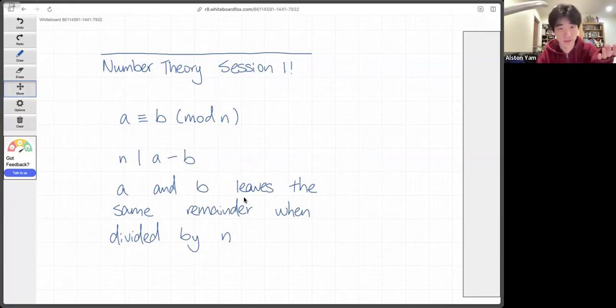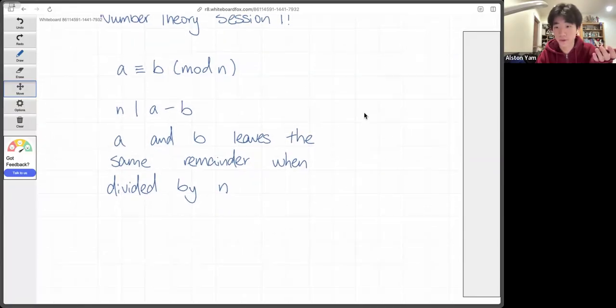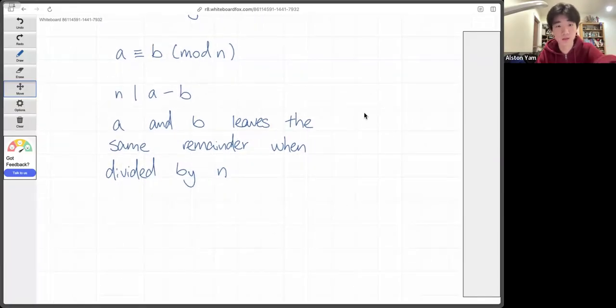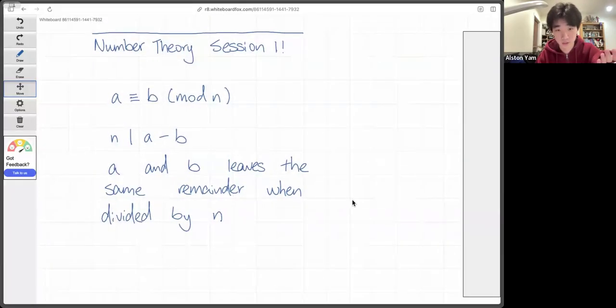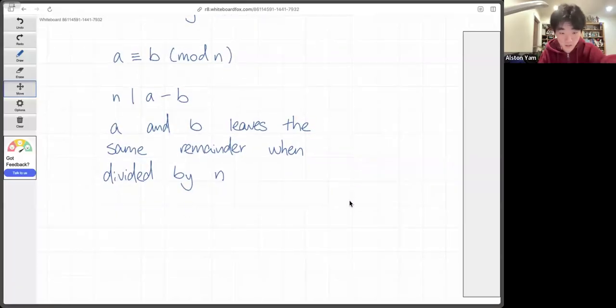As you'll see later on, there will be a lot of useful properties that we can use with this notation. So let's start with the first thing: if we have A equals P times N plus R, essentially we've used the division algorithm, where we've taken as many N's as we can out of A, and then we have some remainder left over.